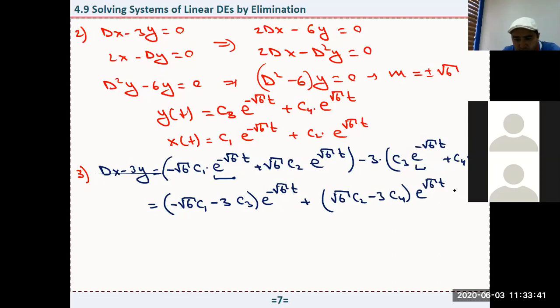Now on the right hand side, this should be identically equal to 0. Sometimes they just use an equal sign, but here it's not our usual equation. This is not an equation, this is an identity. What does it mean?